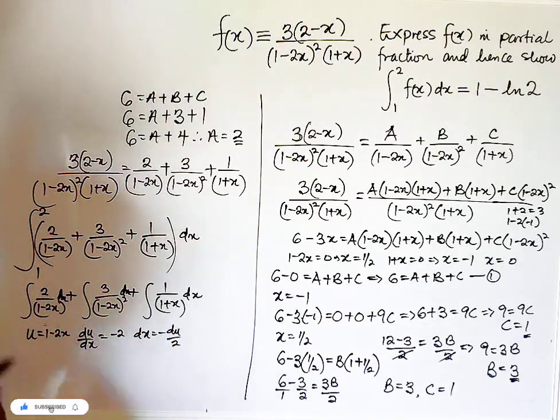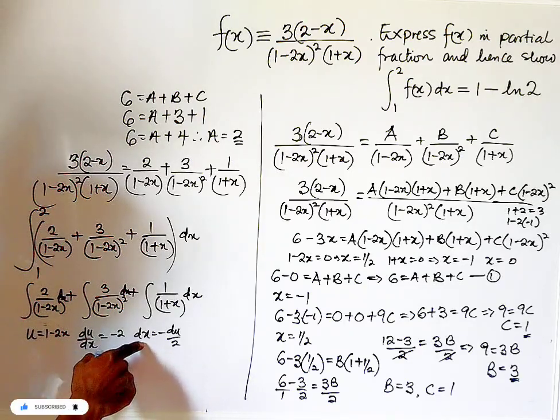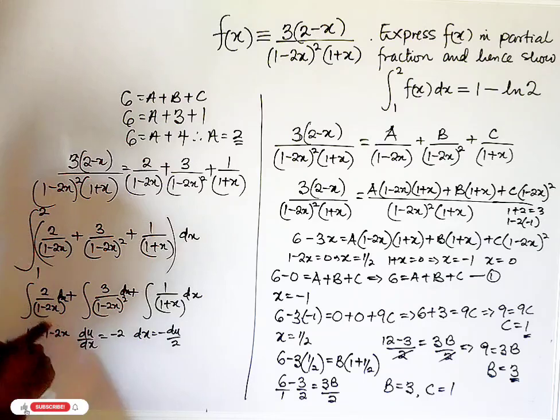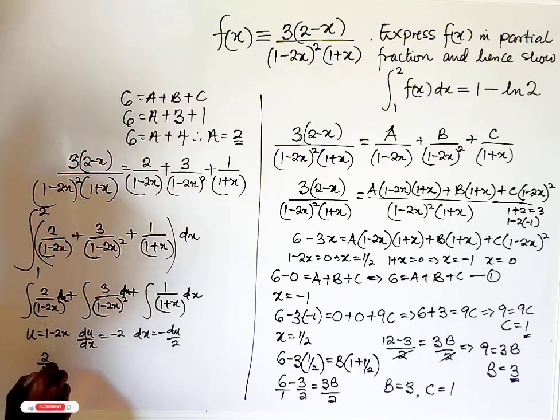Okay, alright. Now replacing dx with minus du over 2, and this as u, you have 2 all over u, then times minus du all over 2.